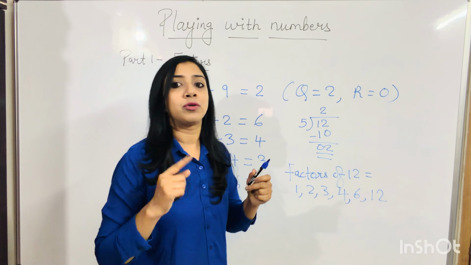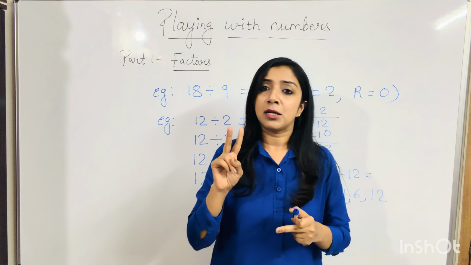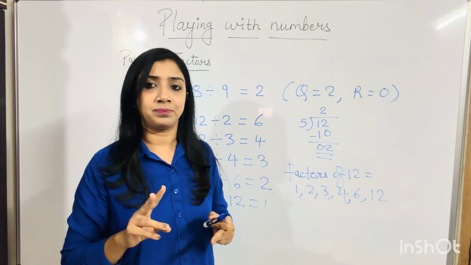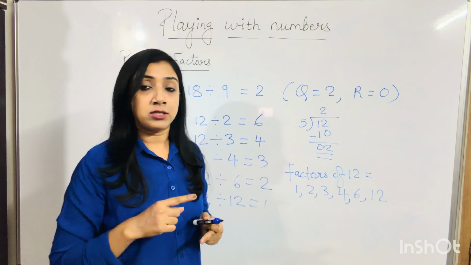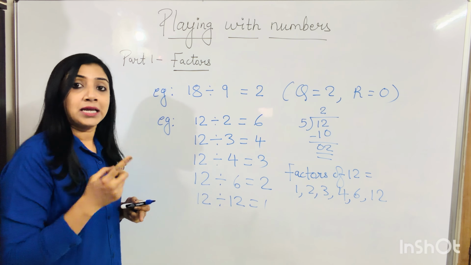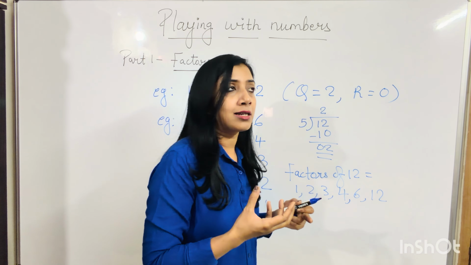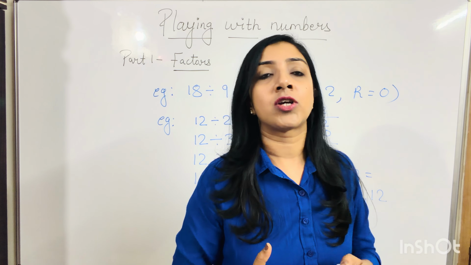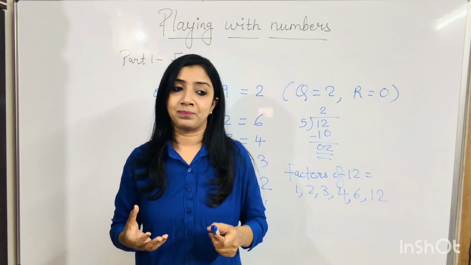One more thing you need to keep in your mind for factors: there are minimum 2 factors for each number, even if the given number is odd. The minimum 2 factors will be 1 and the number itself. There are some numbers which have only these two. I'm giving you the example of 7.